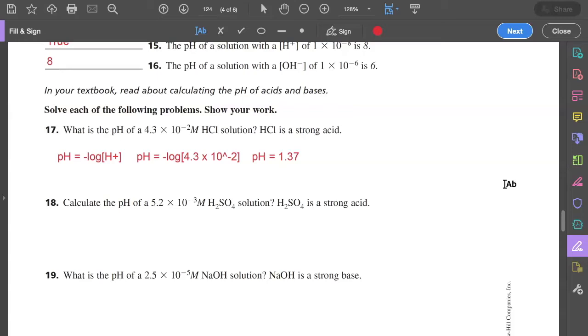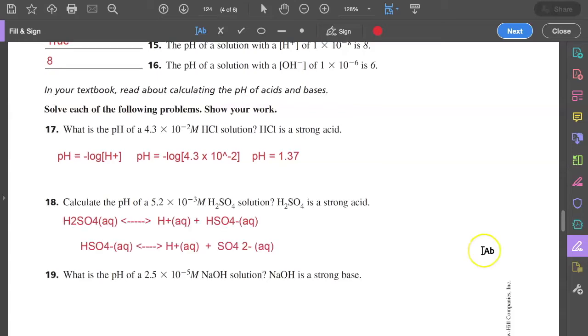giving us a pH of 1.37. For number 18, we're not going to do this problem, and I want to show you why really quick. The book is mistakenly offering you the suggestion that to find the pH, you'll simply double the amount of hydrogen ion concentration and find the pH that way, since this is a strong acid. However, that is not actually the case. H2SO4, yes, is a strong acid that will dissociate completely to give us hydrogen ion and the hydrogen sulfate ion, or bisulfate ion.